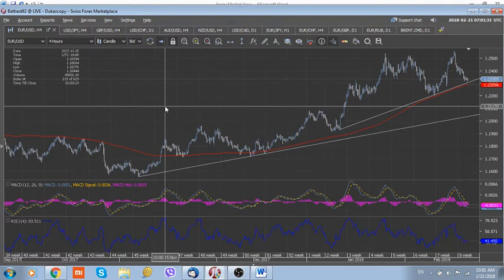Anyway, we also have to remind you about the political factors in the eurozone, and these political factors of course should dampen the current bullishness of the euro pairs. Among such political factors are, for example, the Italian election, which is scheduled to take place, as I remember, on March 4th.